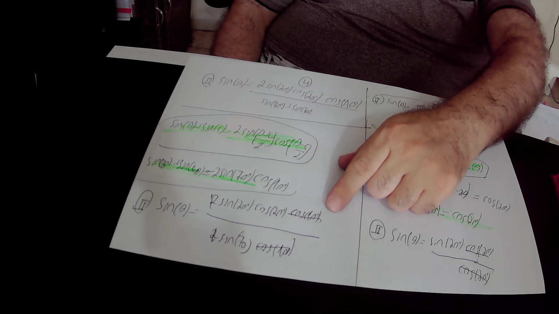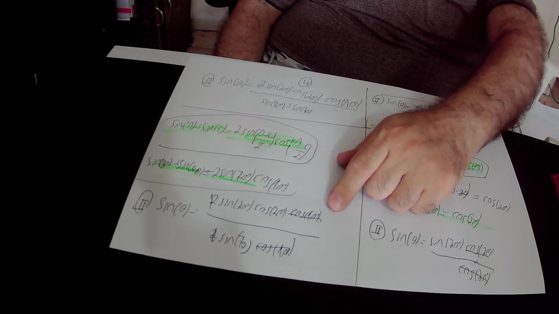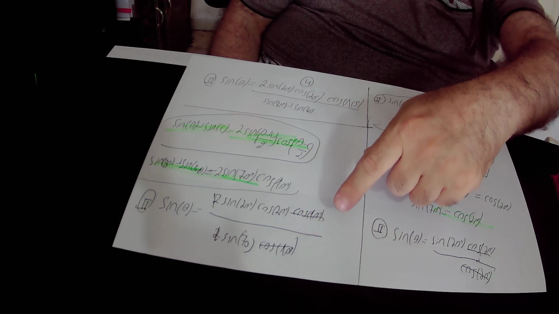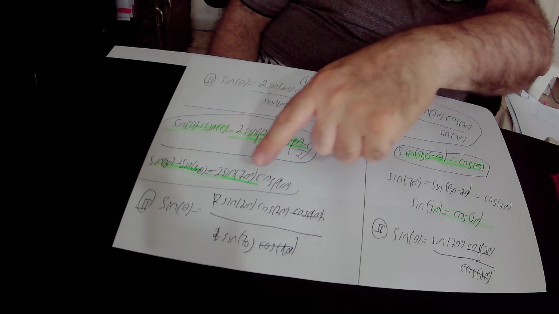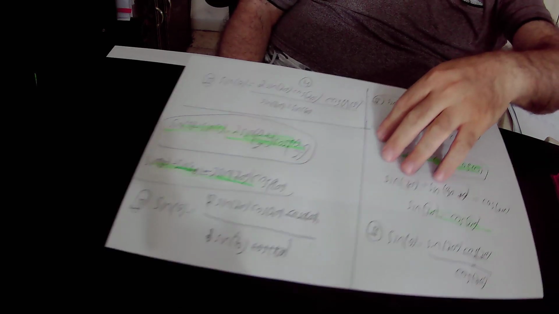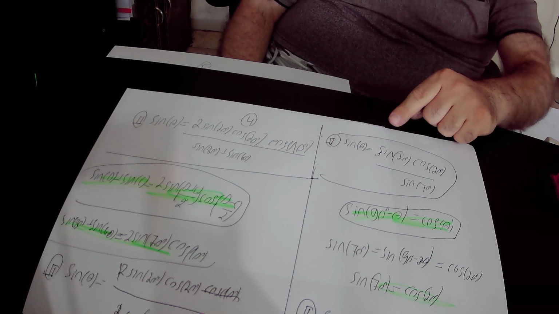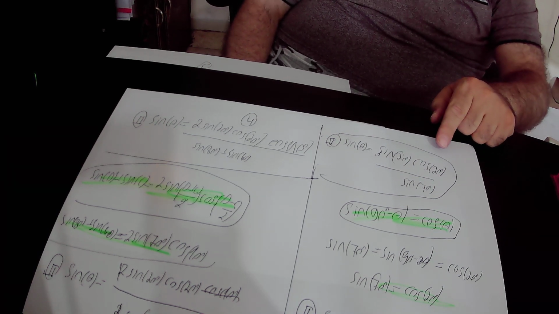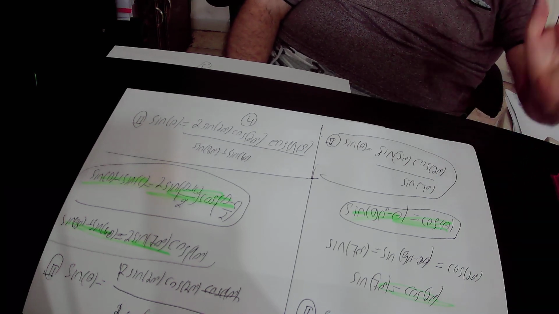Here we have cosine 10 degrees in the numerator and in the denominator, so cosine 10 degrees gets cancelled. We have 2 in the numerator and 2 in the denominator, so 2 also gets cancelled. So in conclusion, sine theta equals sine 20 degrees times cosine 20 degrees over sine 70 degrees.